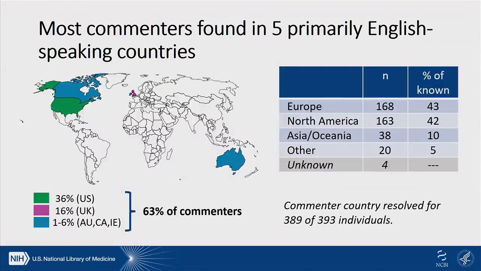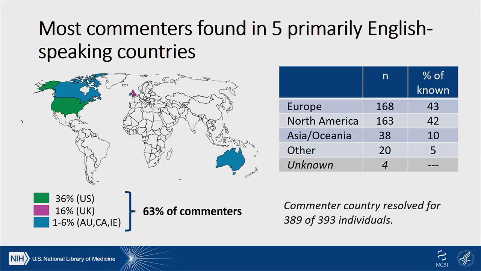When we looked at the country for those same commenters, they were predominantly found in 5 primarily English-speaking countries, more than 60% from those 5 countries. The largest proportion of commenters comes from the US at 36%, and next was the UK at 16%.